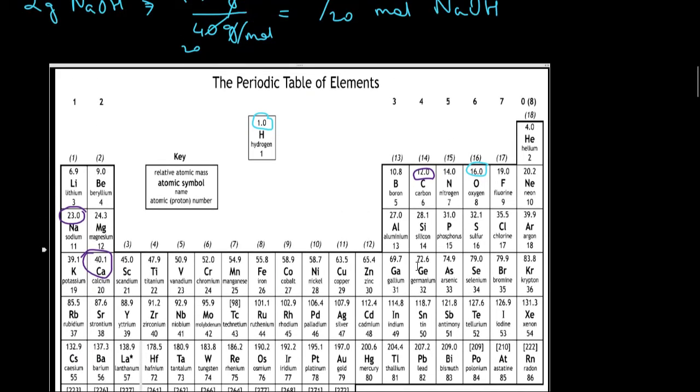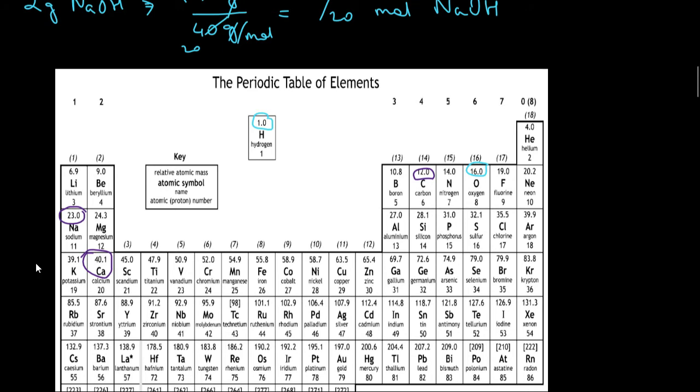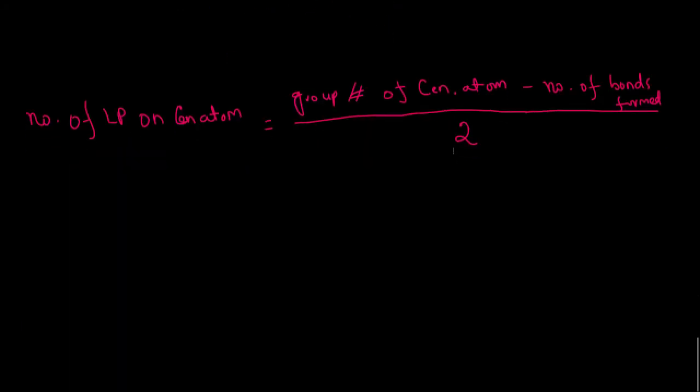So if we look at the periodic table, we know that boron is in group 3. Let's go back to our problem. Boron is in group 3, minus the number of bonds formed.